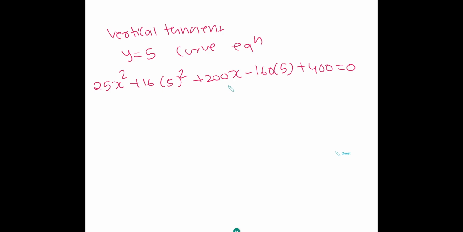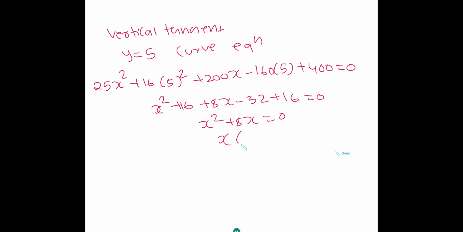We divide each side by 25 and we get x squared plus 8x equals 0.